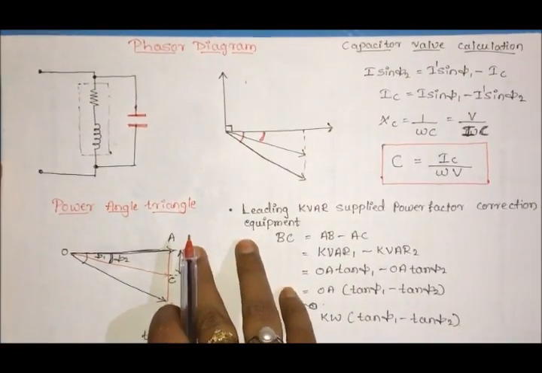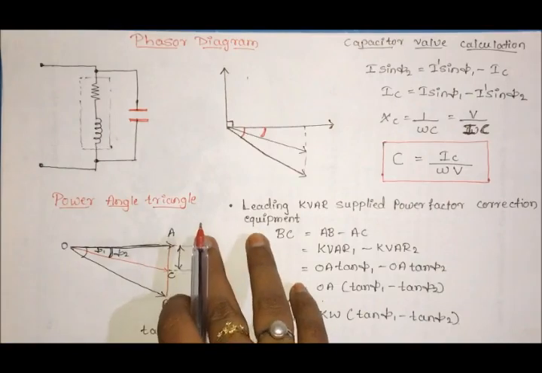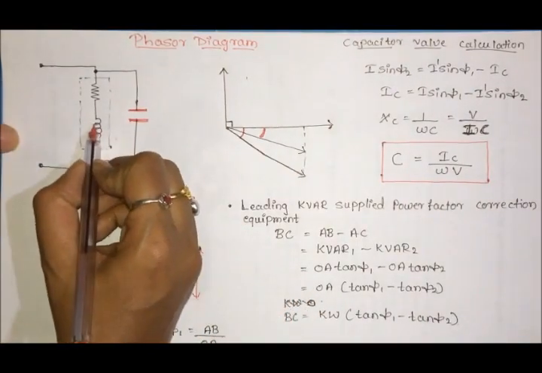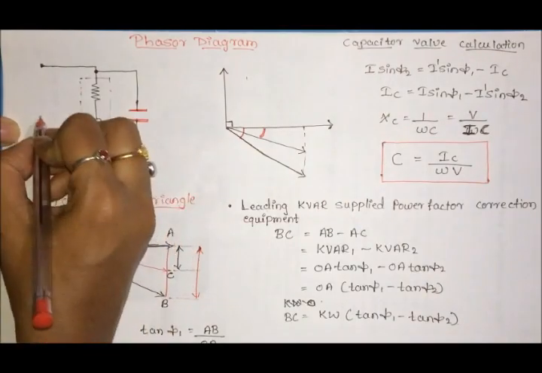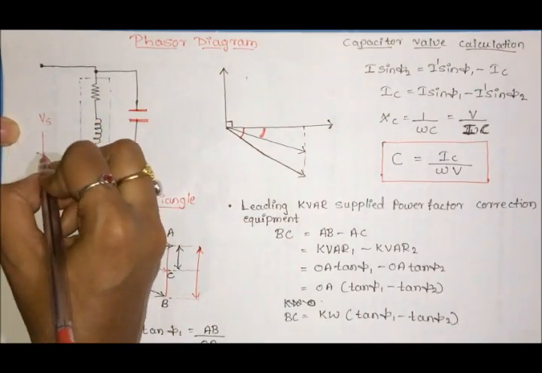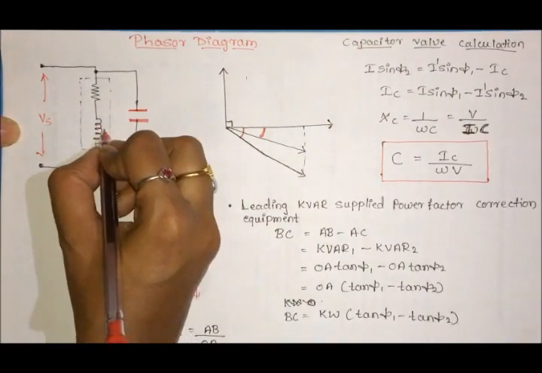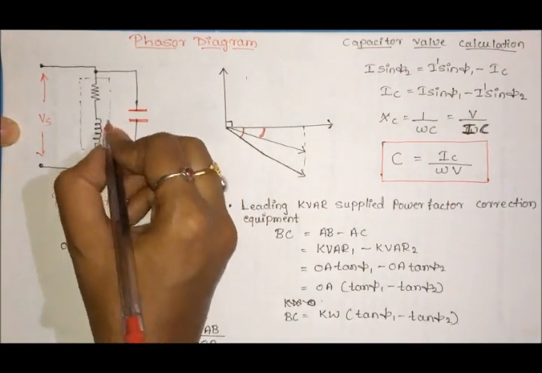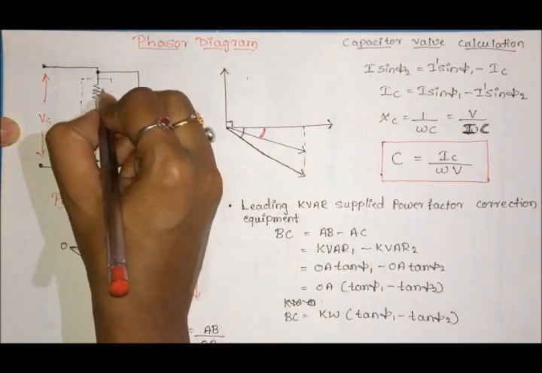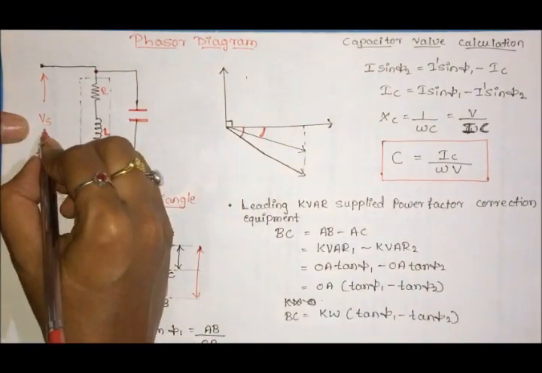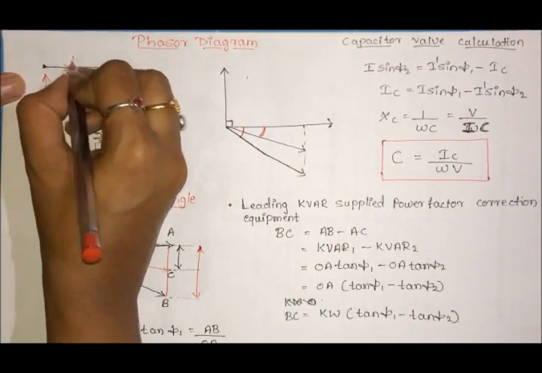You can see here I have drawn a phasor diagram. Initially I have connected an inductive load with a source voltage. In any inductive load there will be some resistance. So this is my load and source, and the current flows through this.